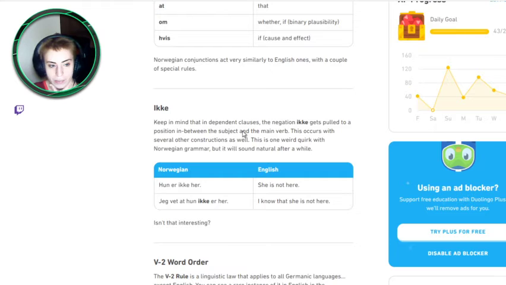I read that as independent clauses. Okay. I confused myself here. Independent clauses. Yeah, no, I had it right. I confused independent with dependent.